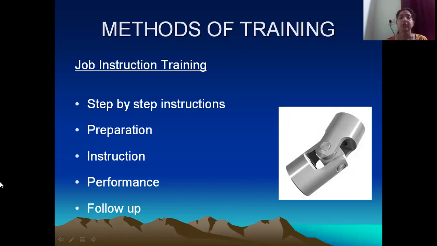However, you also have to give your assurance to Jacob that whenever required, you will be there for giving him additional instructions. In this way, there is every chance that this employee who was not performing that well previously, definitely because of this additional training that you have given, their performance is bound to improve in the future. So this is the way in which job instruction training is done. Step by step training instruction is done.